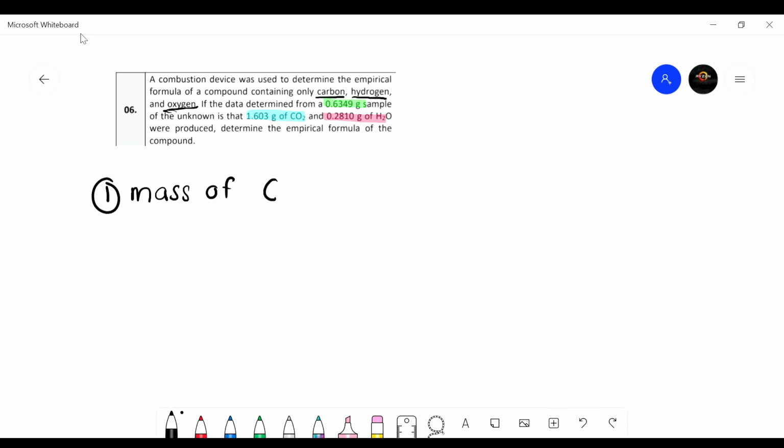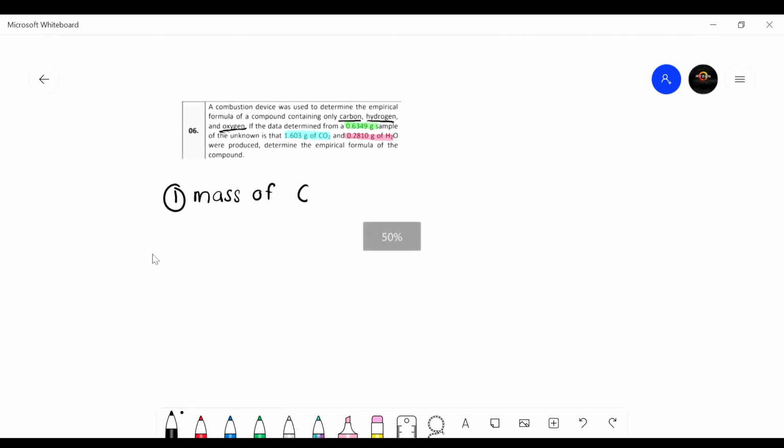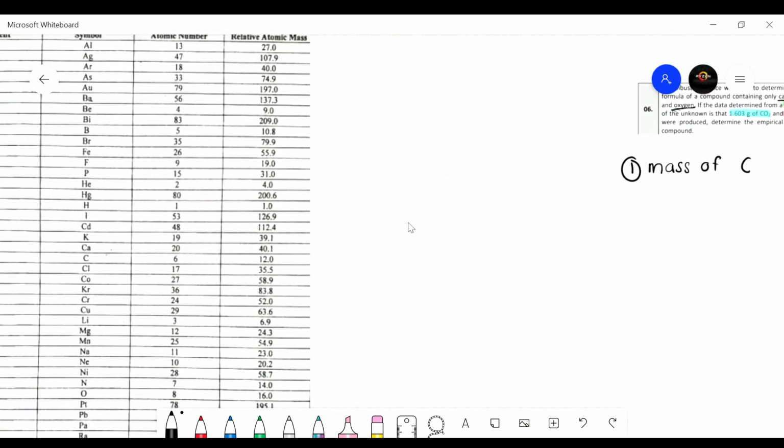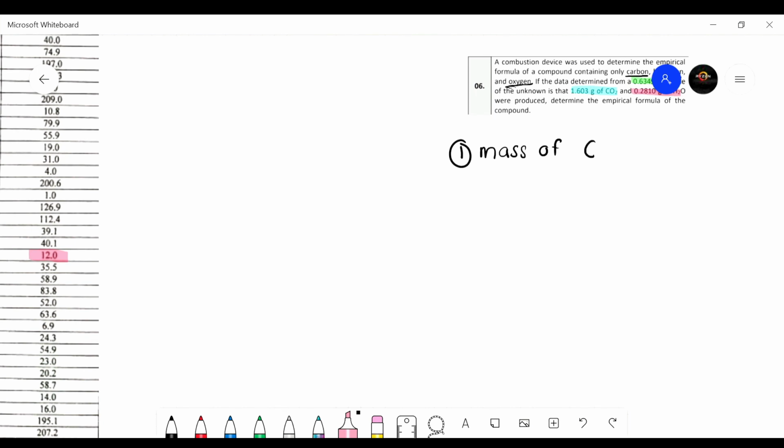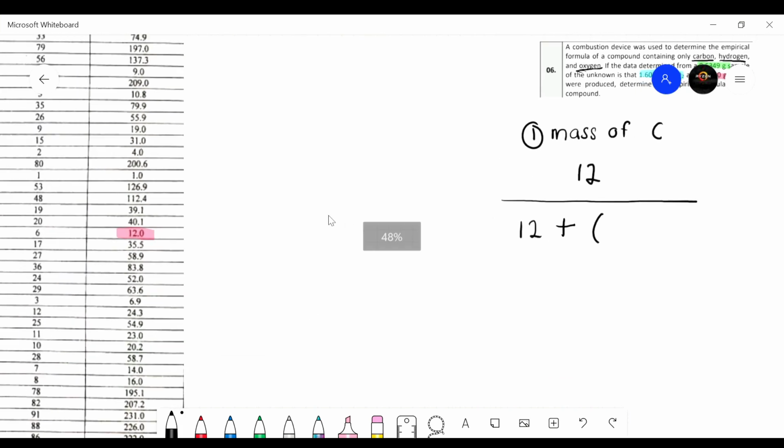As we all know, the constant value for carbon is carbon 12. That is our constant value for carbon, and then we need to divide it with the molar mass of carbon dioxide. So 12 plus the molar mass of oxygen.